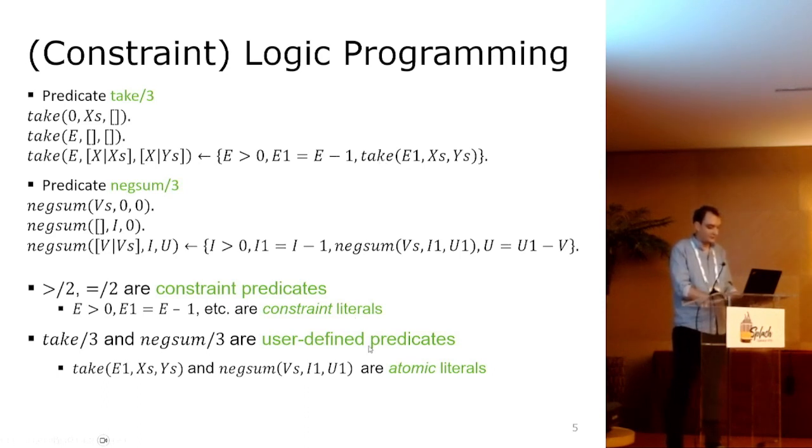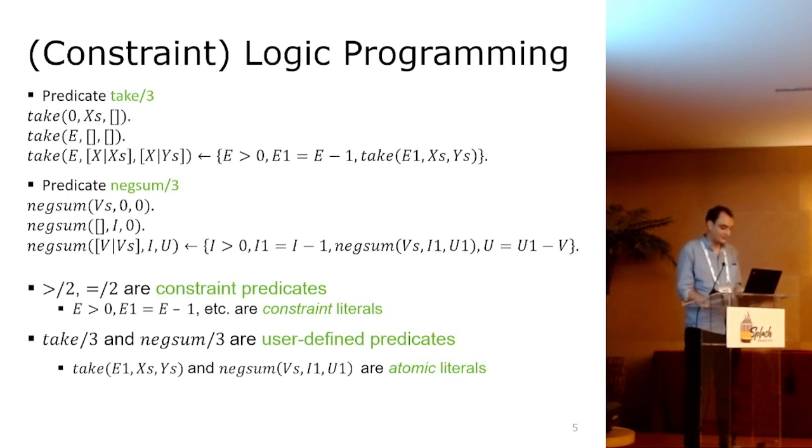And we say that the literals built upon these user-defined predicates are atomic literals. But in fact, as you can see in the title, we've put constraints between brackets because here the fact that we use constraints or not is not really relevant. We're simply considering literals. So when we're speaking about literals, we're considering either atoms or constraints.